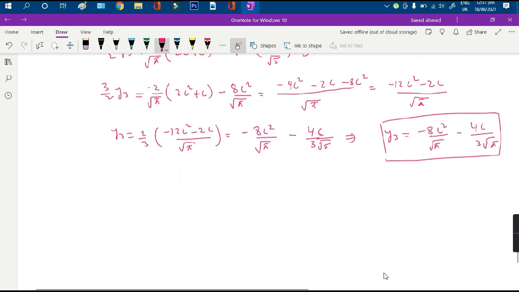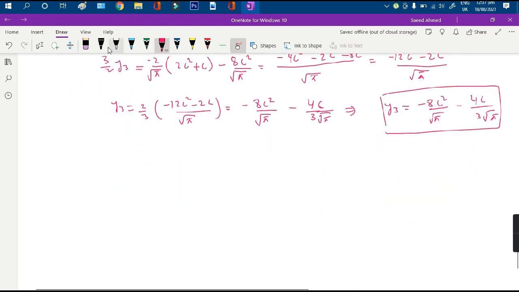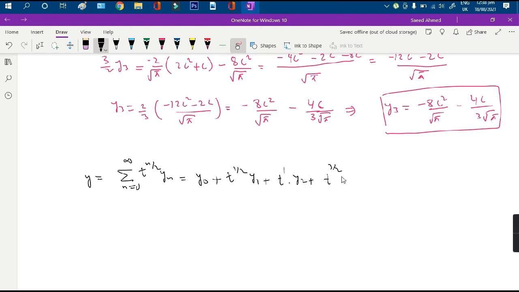Okay, now I have got enough components. Since my assumed solution was y is equal to the summation n from 0 to infinity of t to the power n by 2 into yn, which can be written as y naught plus t to the power 1 by 2 into y1, t to the power 1 into y2, t to the power 3 by 2 into y3, plus so on.